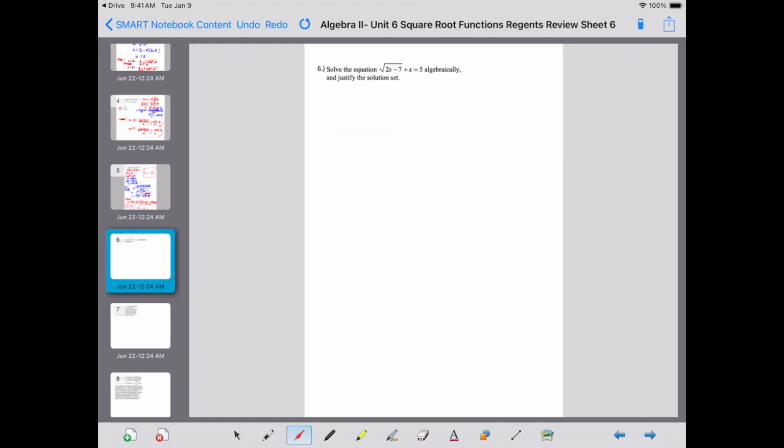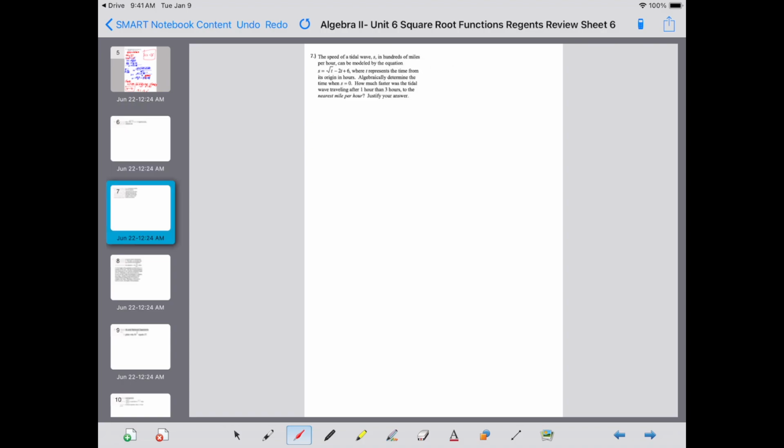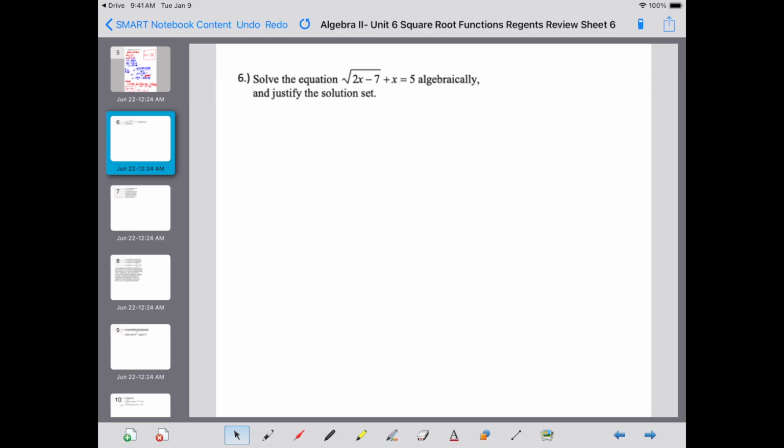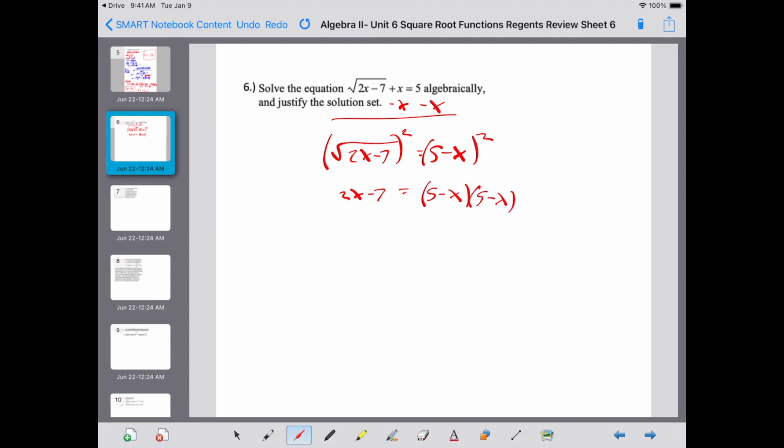Okay. A lot of the same question. So, subtract x. You want to isolate the square root. Square both sides. Expand the square.